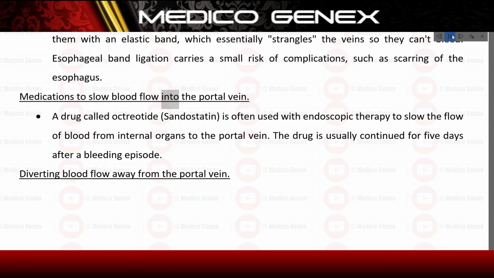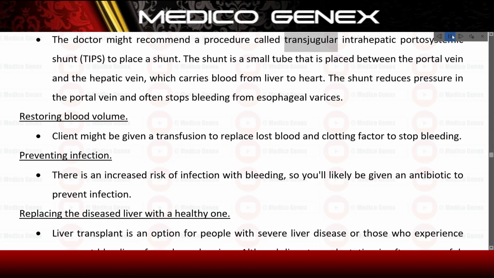Medications to slow blood flow into the portal vein. A drug called octreotide, Sandostatin, is often used with endoscopic therapy to slow the flow of blood from internal organs to the portal vein. The drug is usually continued for 5 days after a bleeding episode, diverting blood flow away from the portal vein. The doctor might recommend a procedure called transjugular intrahepatic portosystemic shunt, TIPS, to place a shunt.